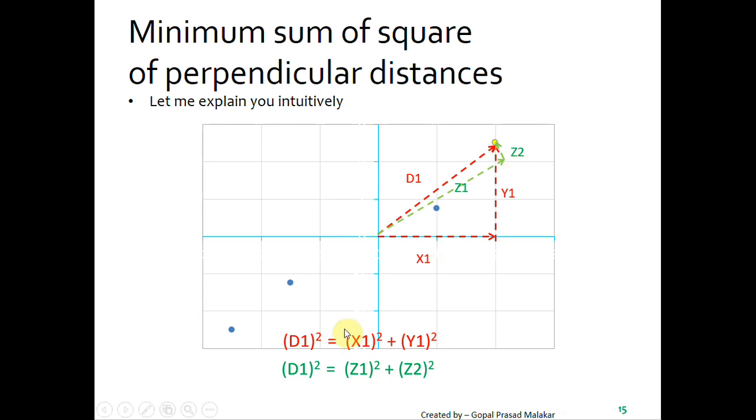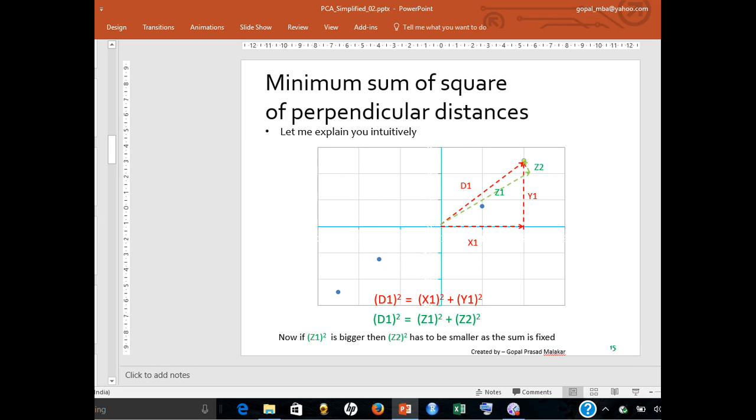Obviously, the total variance was represented by x1 square plus y1 square, and again Z1 square plus Z2 square is representing D1 square. So obviously if Z1 is bigger, Z2 is smaller, and that's the point even here.